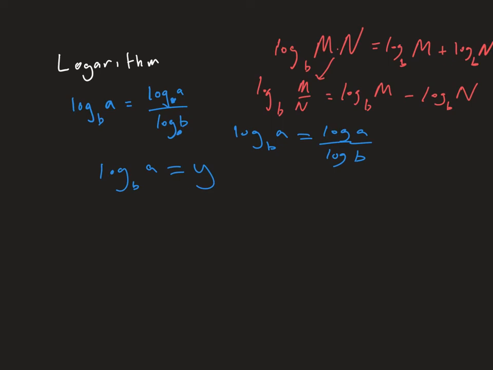So then by definition of log, b to that power y equals a. So that's the definition of logs. It's super important to know that. And then from there, what we're actually going to do is a little bit complicated. We're going to take the log of both sides.